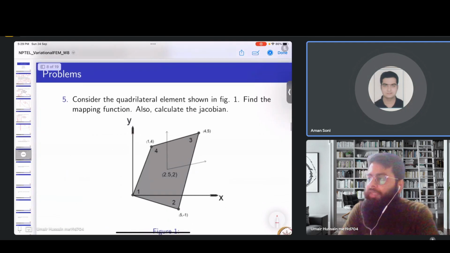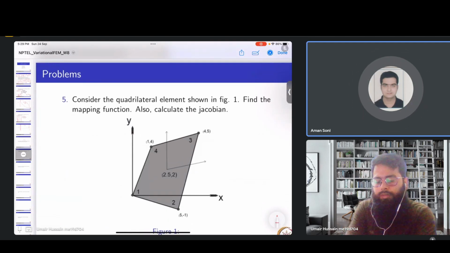Actually, Umer, one more thing I wanted to ask you. In general, people say that when we discretize some domain using only tet elements without using hex elements, the stiffness will be more.